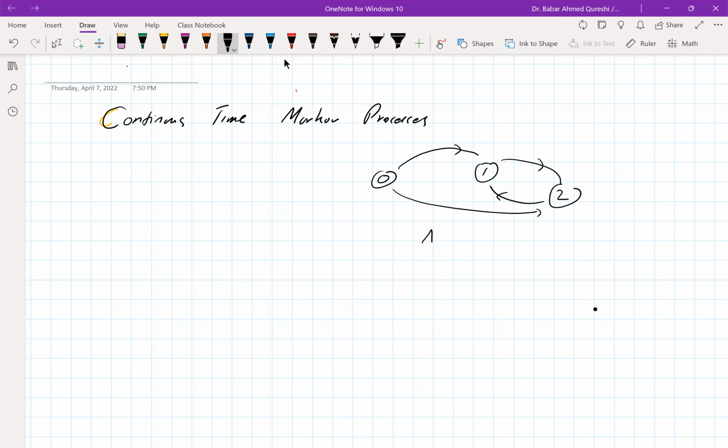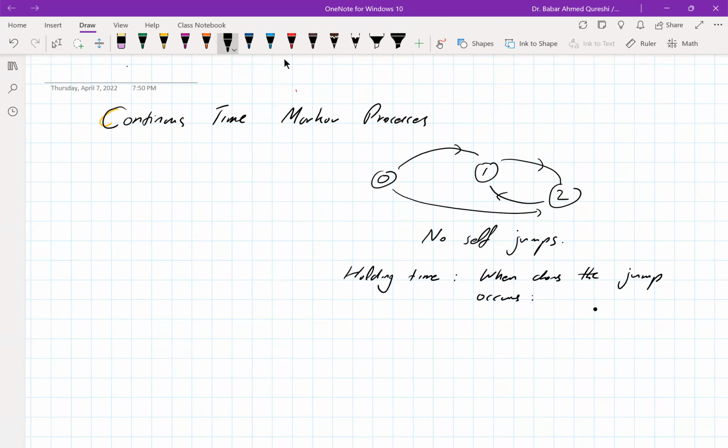But there are no self jumps, because you are showing there is holding time, which tells you when the jump occurs.